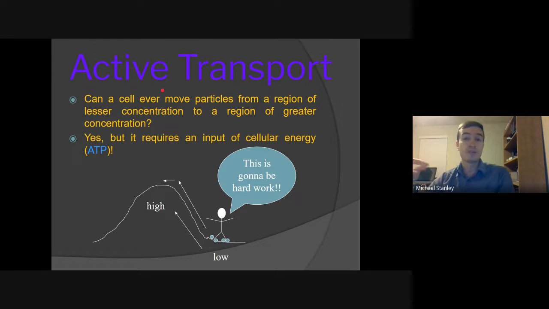Those membrane proteins, when they're going in the opposite direction, when they're fighting diffusion, they can use energy in order to make that happen. So passive transport and facilitated diffusion are all no energy, high to low types of transport. Active transport needs energy. We're taking something from a low place and moving it to a high concentration place. So we need this ATP energy.